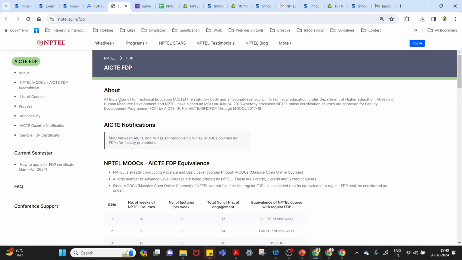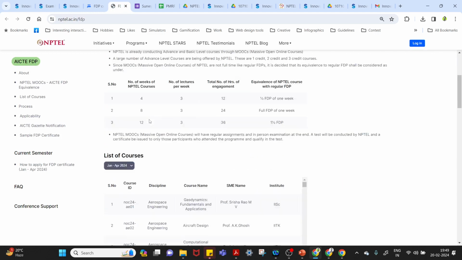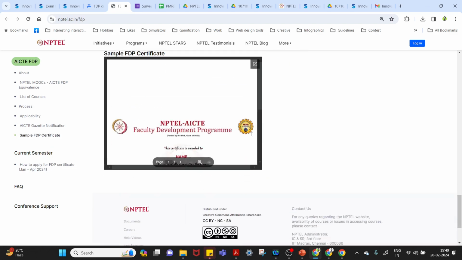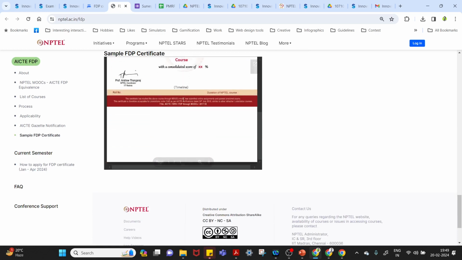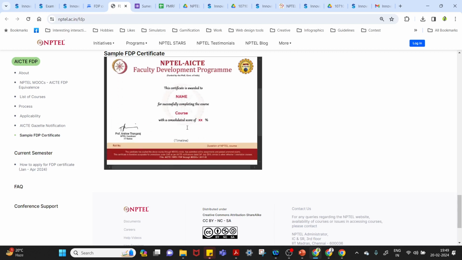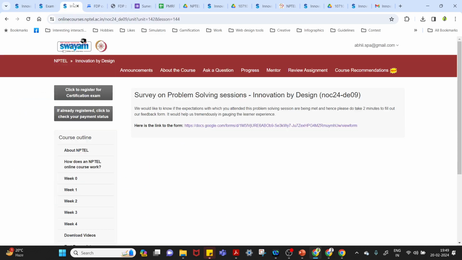If you are doing it for FDP, here you will find all the details about it, and you can see a sample FDP certificate. It will have name, course, score, and Faculty Development Program by NPTEL AICTE.